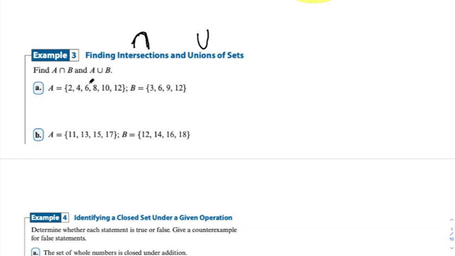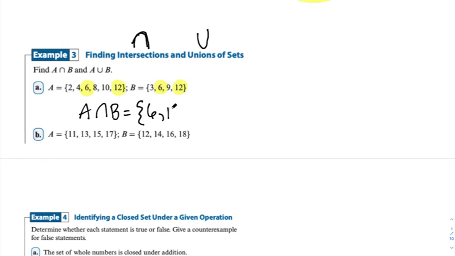So for instance, if we were to refer to A intersect B, right? Set A intersect B. The way I'd answer this is, what values are the same in both sets? So if I look at this set, I see that there's a 6 in both of these sets, and there's also a 12. And so the intersection of sets A and B would be a new set, and that set would be 6, 12. Okay, so intersection is the overlap, literally where they intersect.